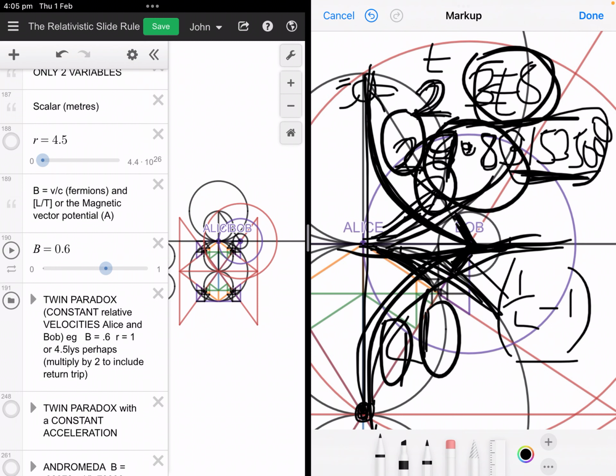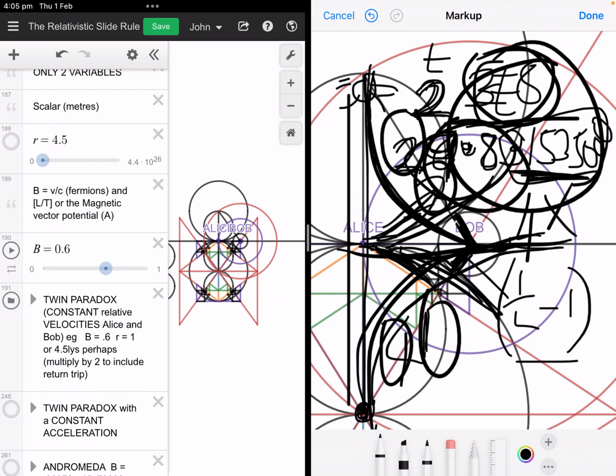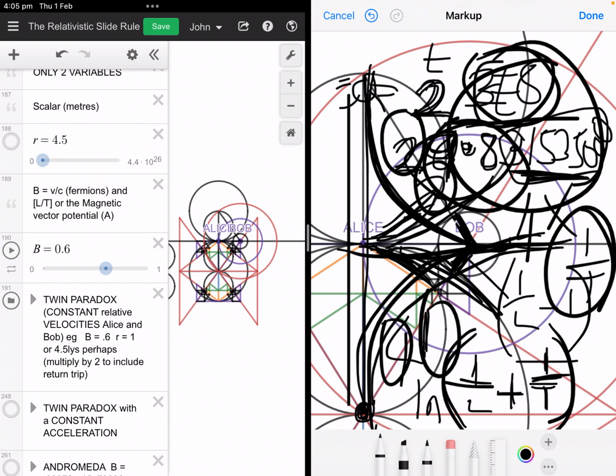So if you wanted to do a return trip, which would be there and then back, you'd go 4 times these constants, and then the factors, which would be gamma plus the log of that, which would be the accumulated time for Bob over the accumulated time for Alice.